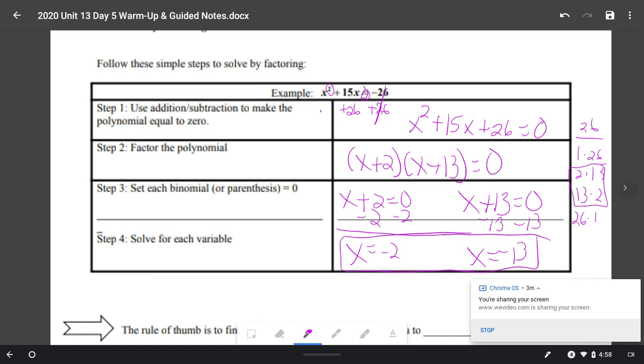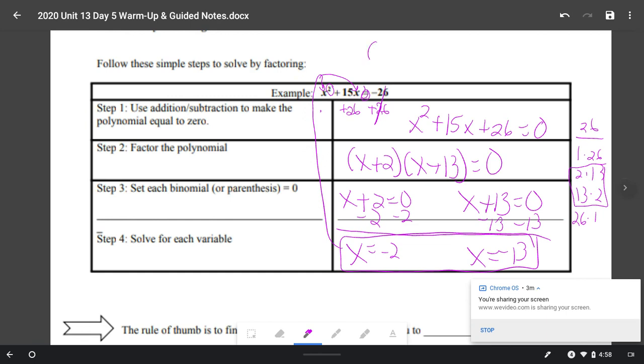If you take either one of those and plug it into the original equation, say we take this negative 2 and plug it in for x, and for the other x, it should always give us the left side equaling the right side. That's called a solution to an equation. It's what makes the equation true.